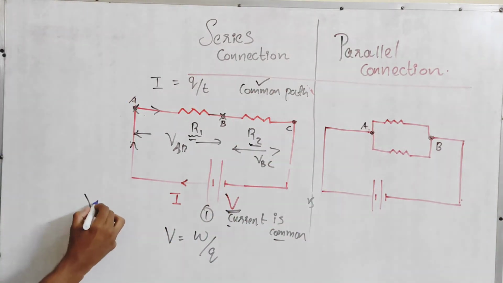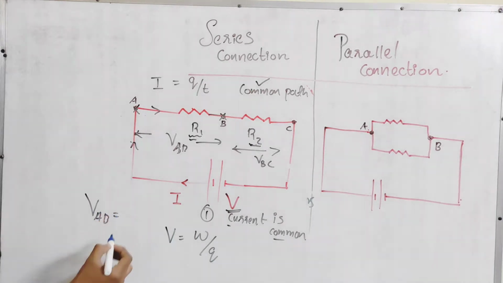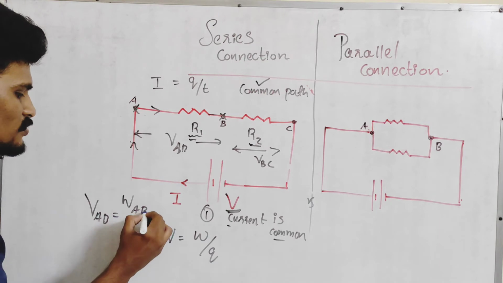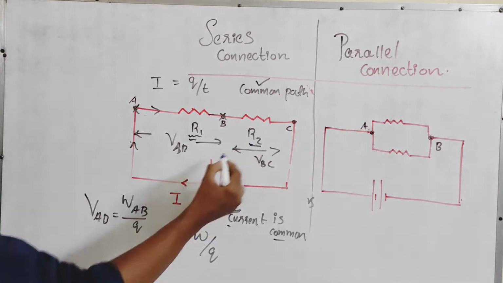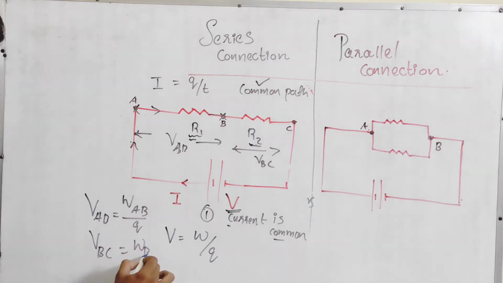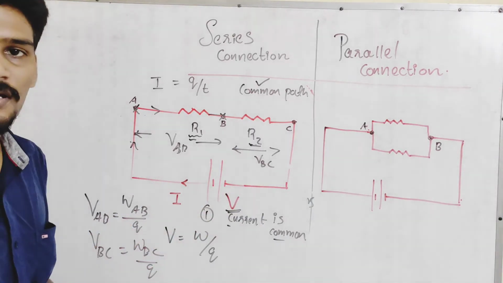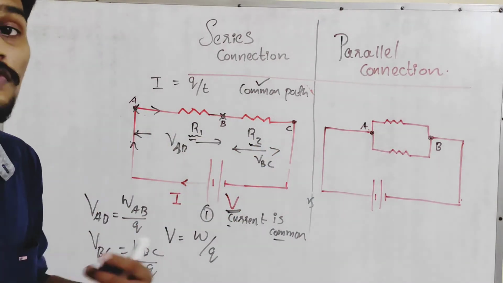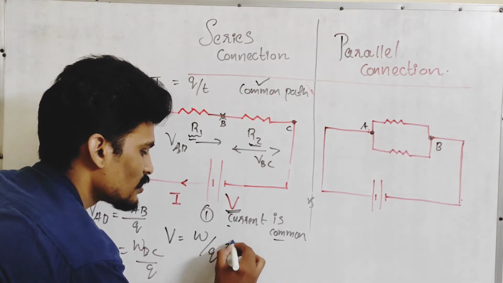Let me tell you what VAB is. VAB is nothing but the work done from A to B divided by Q, W(A to B) by Q. And VBC is nothing but W(B to C) by Q, the work done from B to C divided by charge. Which means the points are different, the work done will be different, therefore the voltage will be different. So that is a series circuit.